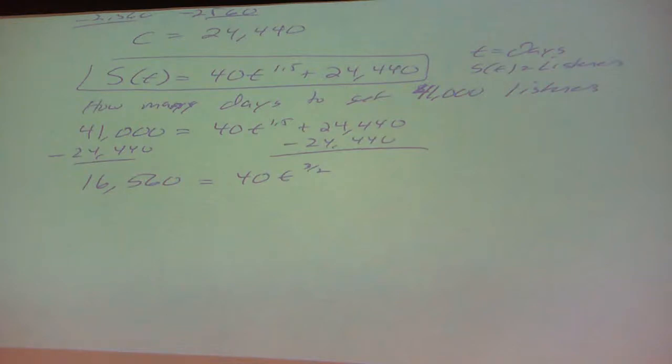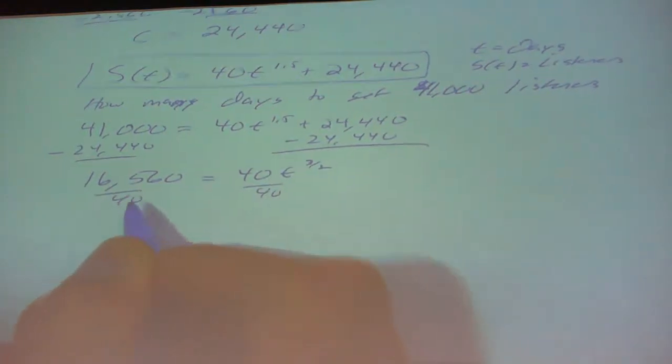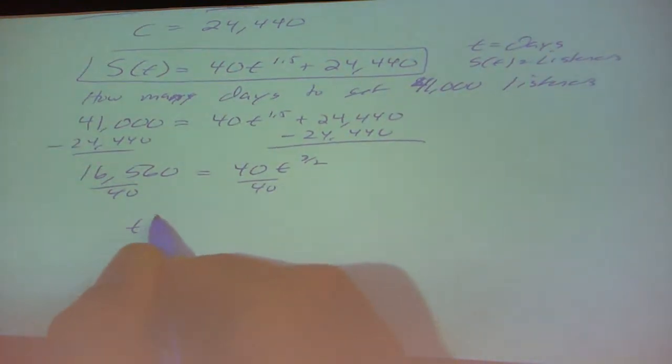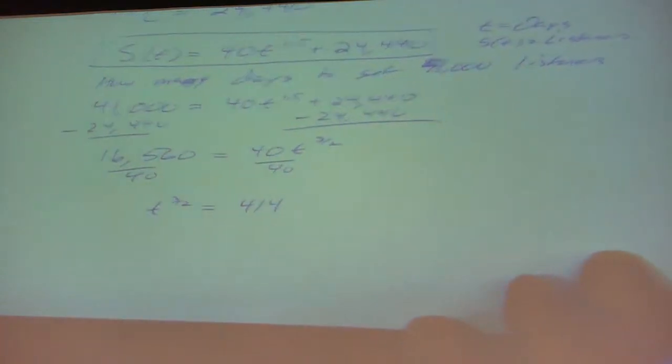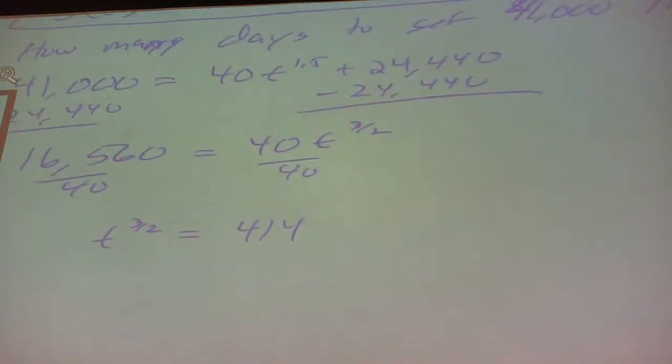It's going to save me a little bit of work on the other end. Divide by 40, divide by 40. So I have t to the 3 over 2 equals 414. I'll explain why I changed it to a fraction in a minute.